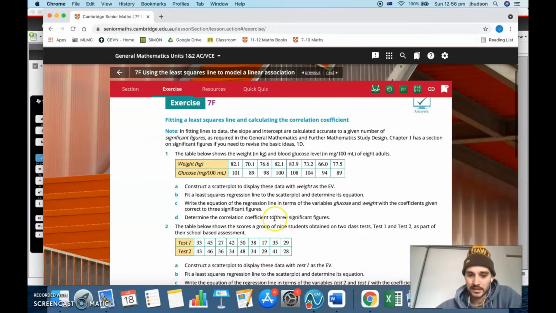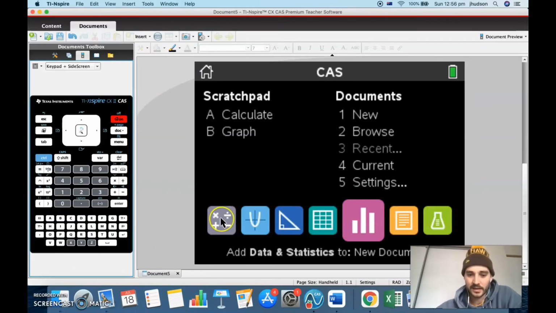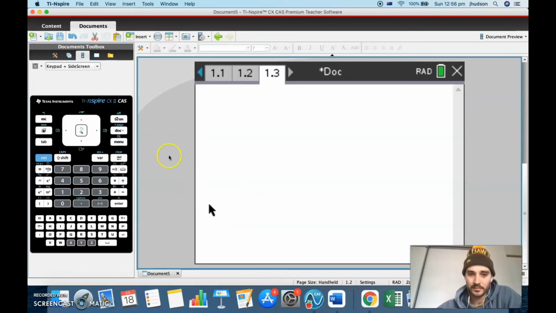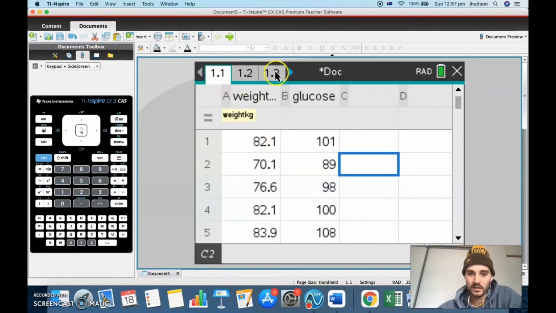And the last one, D, that's what we did in one of the previous exercises. So determine the correlation coefficient to 3 significant figures. So let's try to find that correlation coefficient again. All right, now hopefully you remember. If you don't, this is how you do it again. You just start up a normal calculator document. We've already got all the information we need in here.